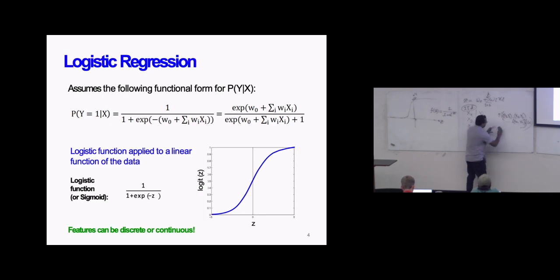Then this is your likelihood of the data set, which is essentially a product over i of the probability of xi, yi, given w. Is that clear? And this is what we want to maximize.